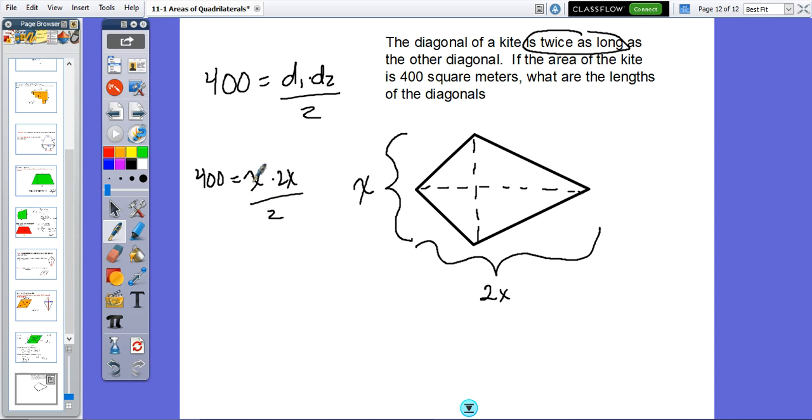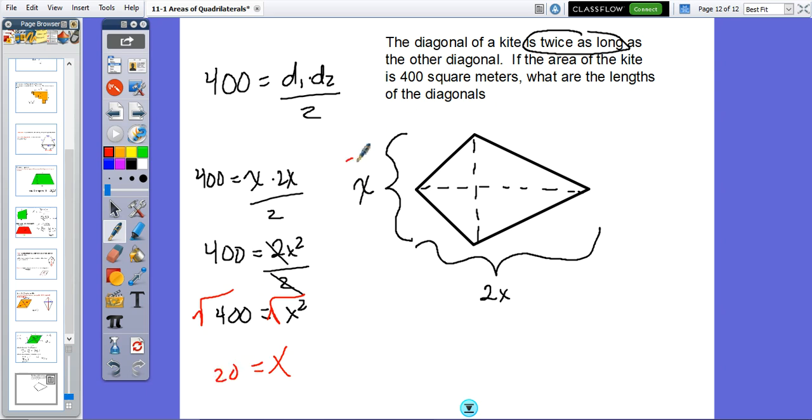Multiplying, 400 equals 2x squared over 2, and our 2s cancel out. We end up having 400 equals x squared. To find x, we square root both sides, and we get x equals 20. So if this is 20, our other diagonal is twice that, 40.